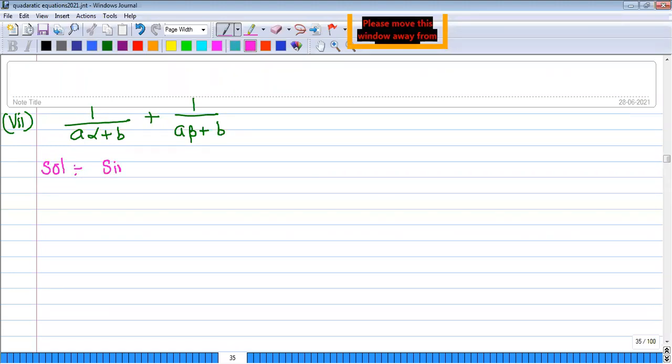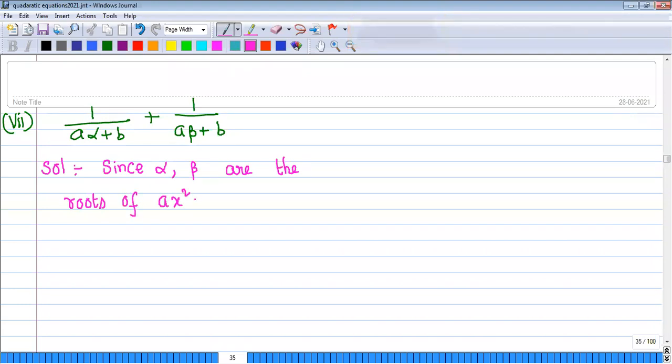Since alpha, beta are the roots of ax square plus bx plus c is equal to 0. Since alpha, beta are the roots or solutions of this equation, both must satisfy this equation.